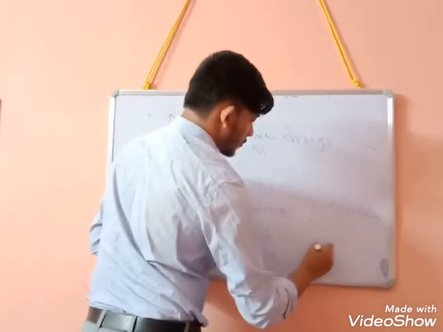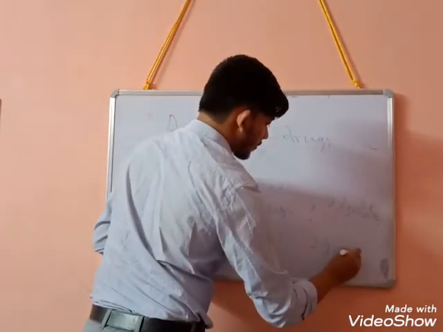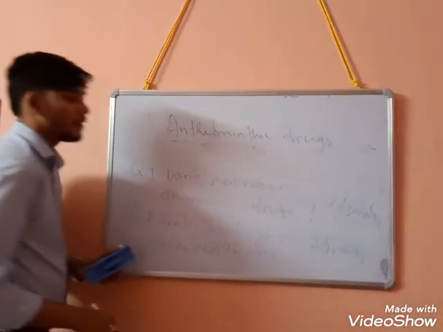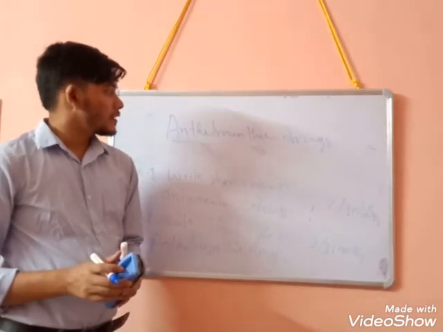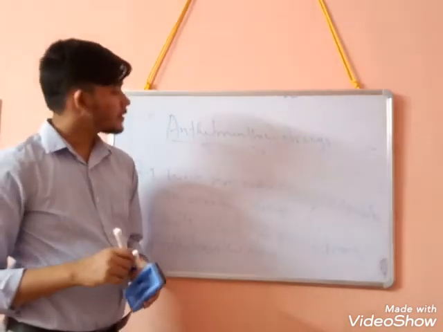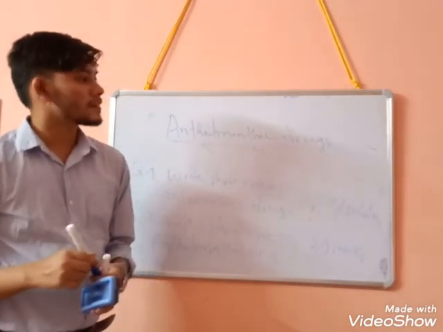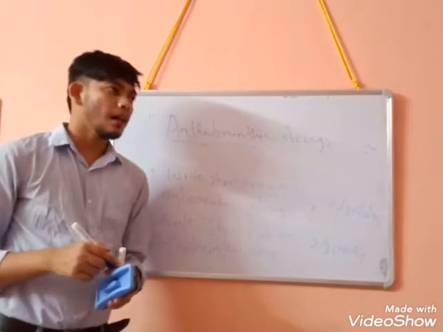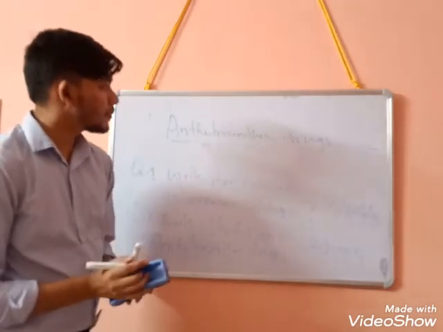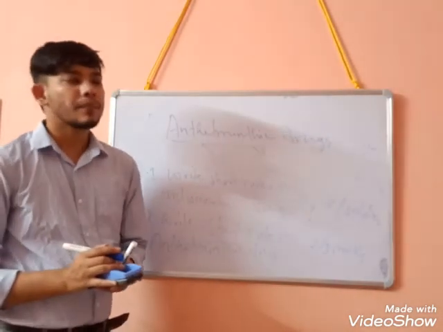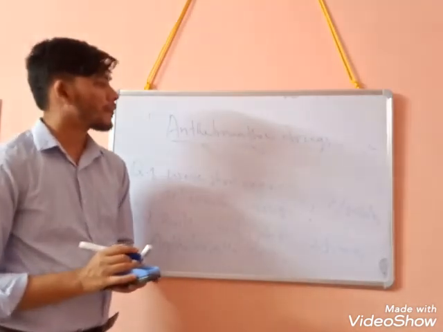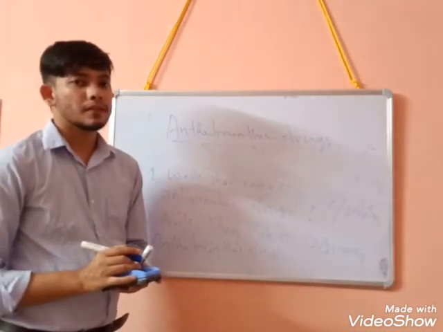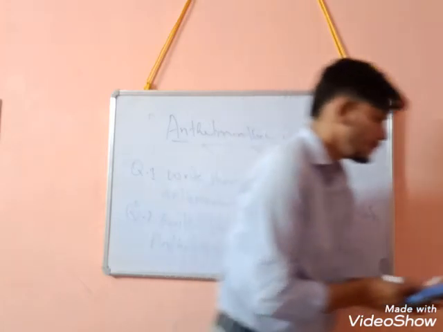This may also be for 2 or 3 marks. You may get such a question in the exam. So I think this much is sufficient for this antiamoebic and anthelmintic drugs introductory part. In the next class we will continue about the drugs. Okay, so thank you.